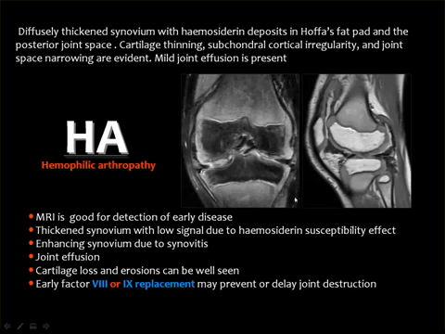You know that chronic blood or hemosiderin will appear black in T1 and black in T2 weighted images. Then if you look at a joint that is affected by hemophilia, you can see diffuse synovial thickening and deposition of hemosiderin along the synovial reflections, which will appear of low signal in all pulse sequences.